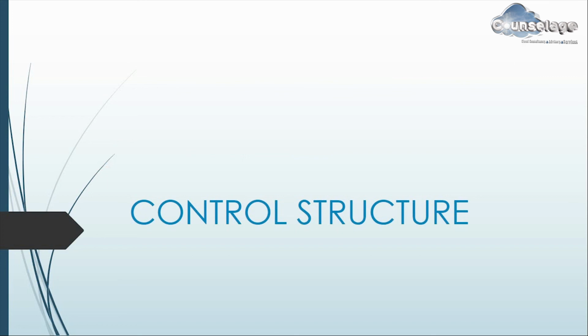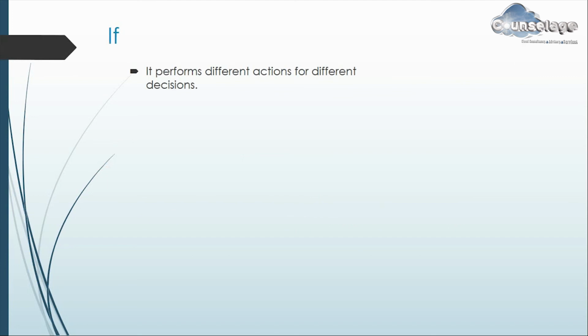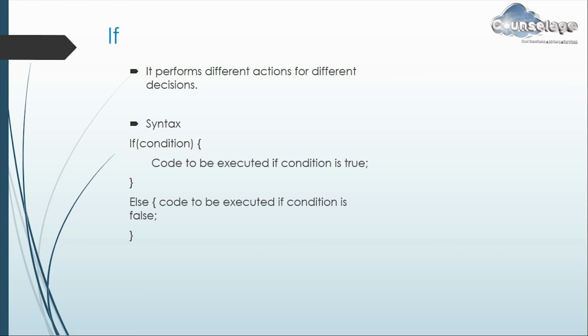Now comes control structure. First control structure is if. It performs different actions for different decisions. Its syntax is if condition, code to be executed if condition is true, else code to be executed if condition is false.